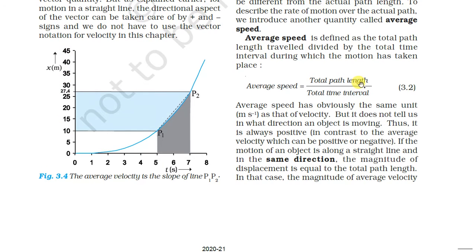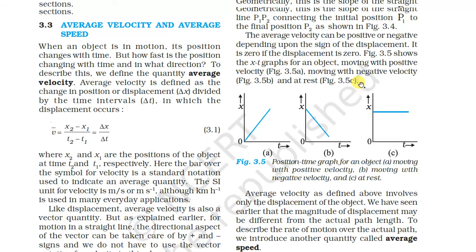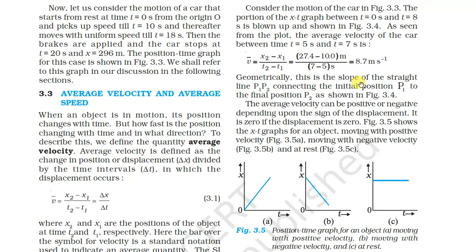What is the difference between the positions? x2 is 27.4 and x1 is 100 meters, divided by t2 minus t1, which is 7 minus 5 seconds. So we get 8.7 meter per second.